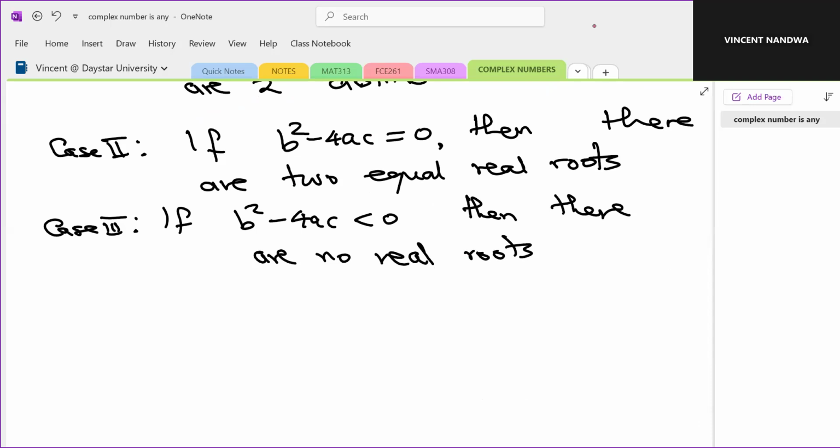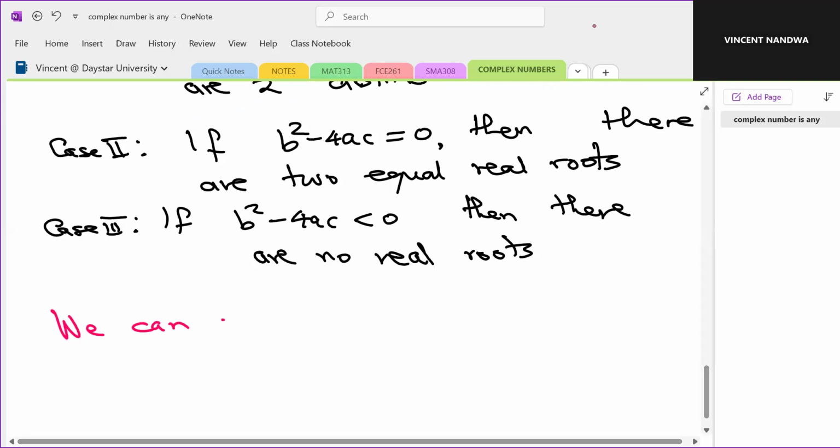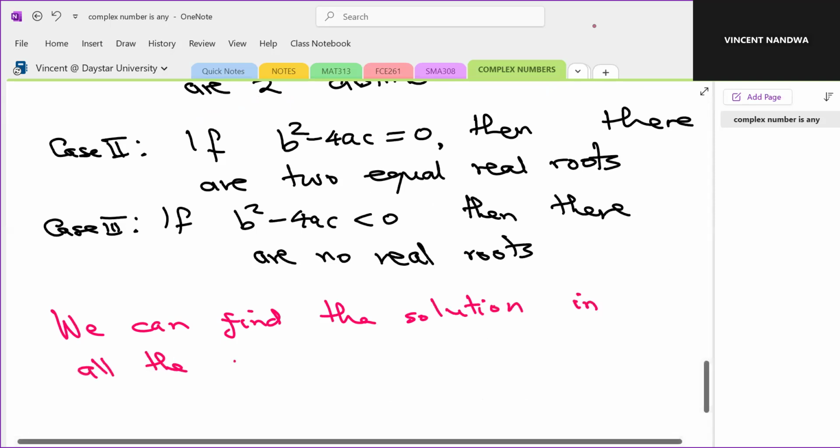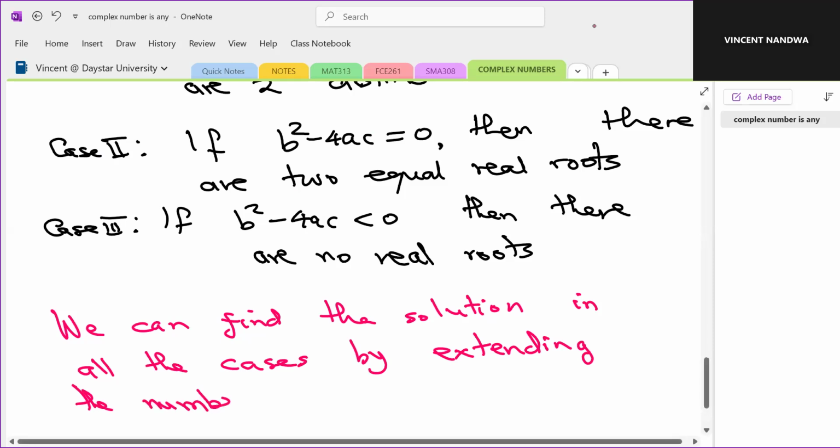So in this case, we can always find the solution in all the cases by extending the number system to include the definition of square root of negative numbers, starting with the square root of -1.